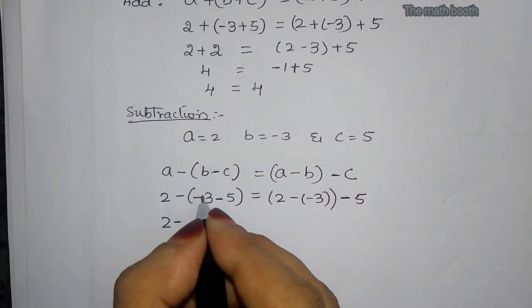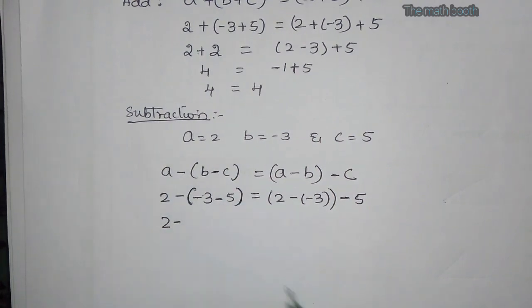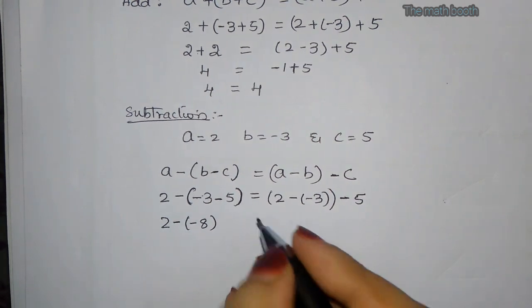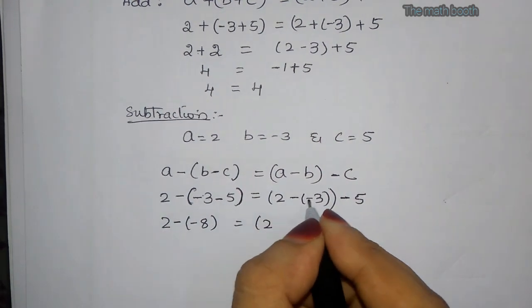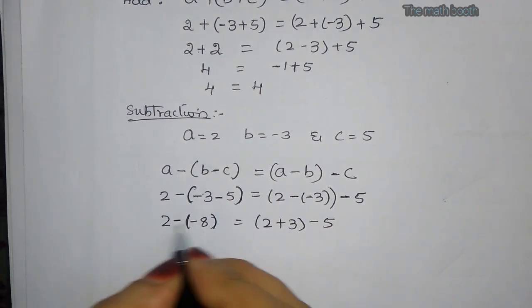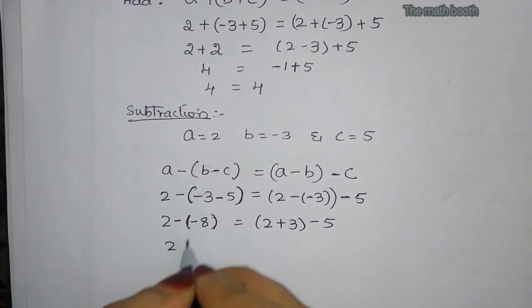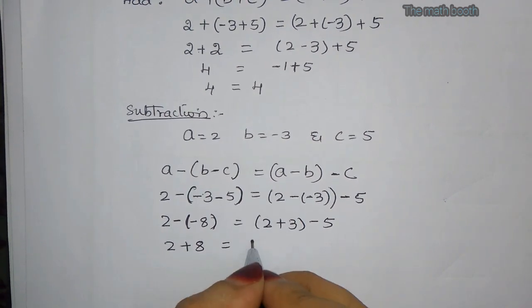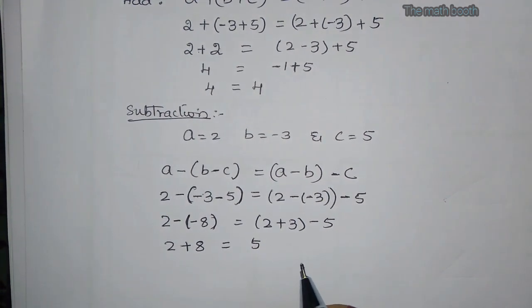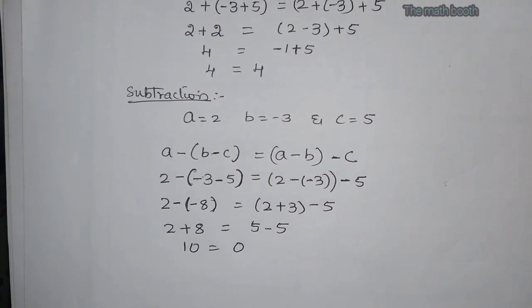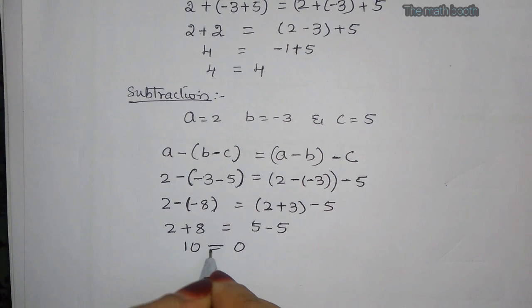So 2 minus minus 3 is plus, 2 plus 3 is 5, minus 5, which is 0. On the other side, 2 minus minus is plus, 3 minus 5, giving minus 8, so 2 plus 8 is 10. We did not get the same answer, so they are not equal.